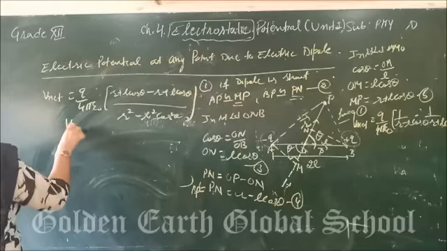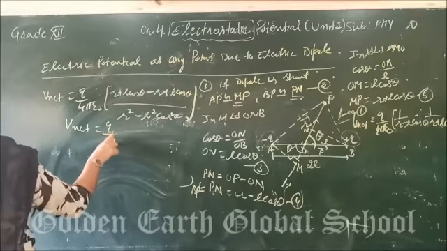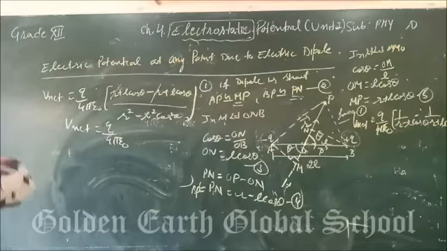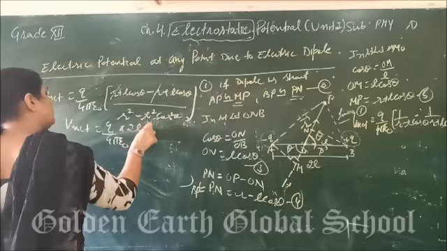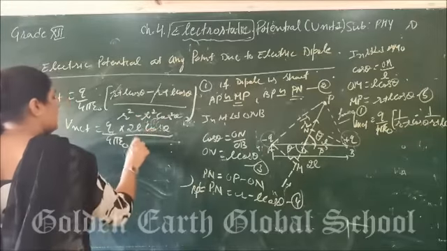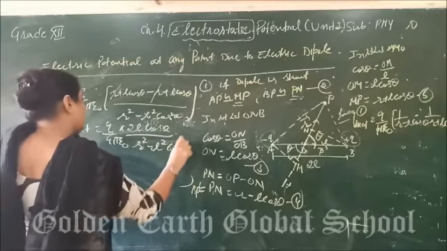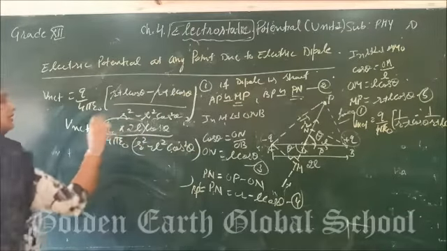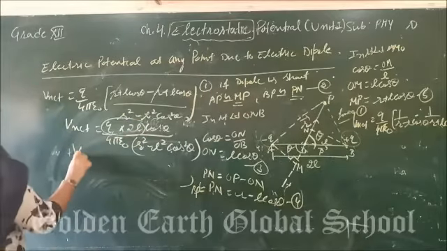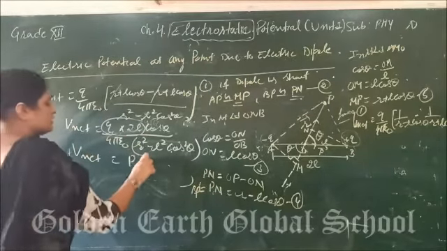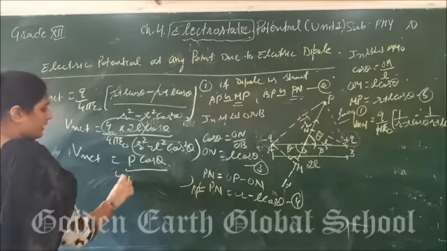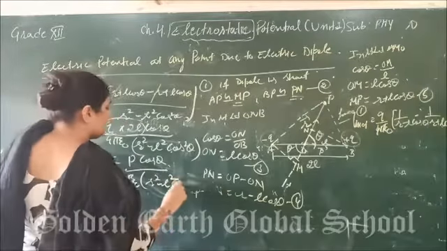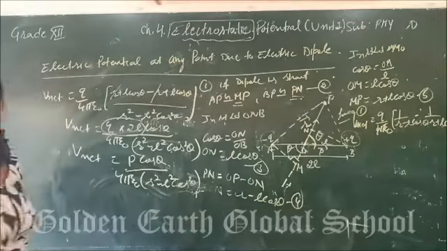So V net will be equal to q by 4 pi epsilon naught, R goes with R, you will get from here 2L cos theta upon R square minus L square cos square theta. So now q into 2L is the dipole moment. So V net will be equal to P cos theta upon 4 pi epsilon naught into R square minus L square cos square theta.